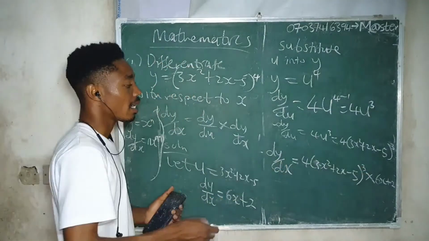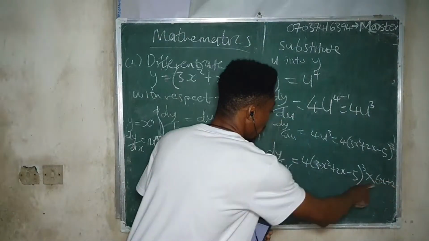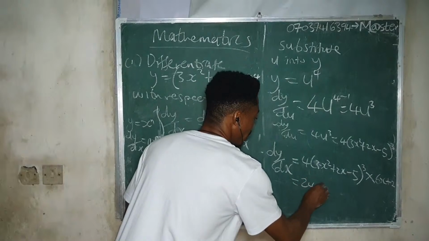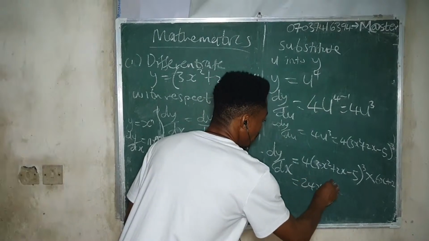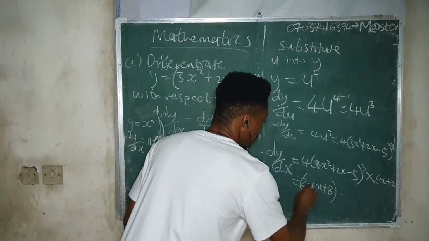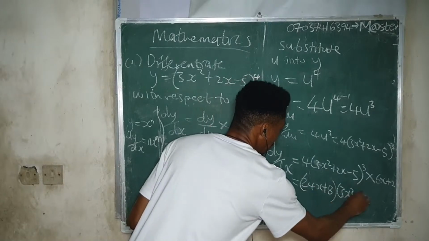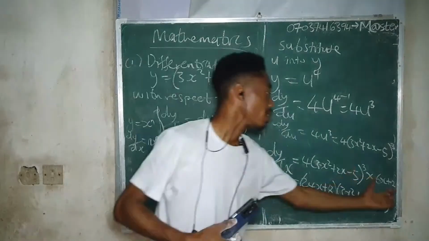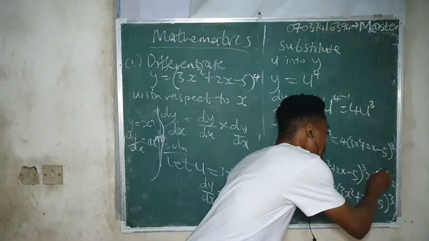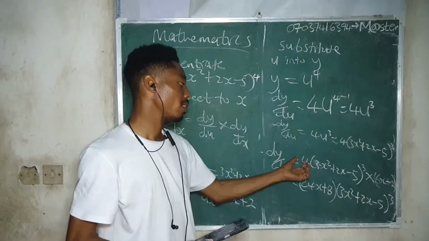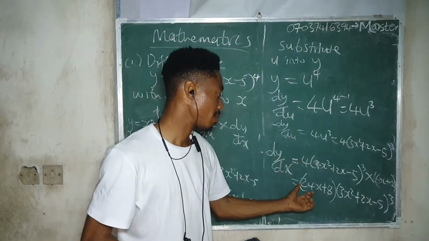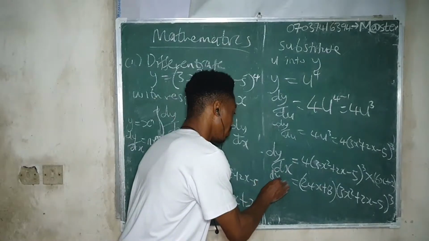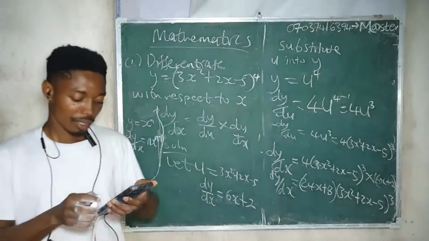I multiply 6x plus 2 by 4, so my answer will be 24x plus 8, into 3x squared plus 2x minus 5 cubed. 4 times 6x is 24x, and 4 times 2 is 8. That gives me dy/dx.